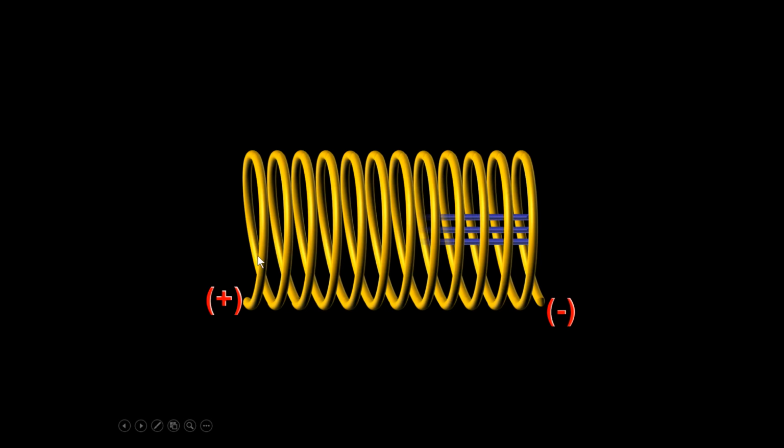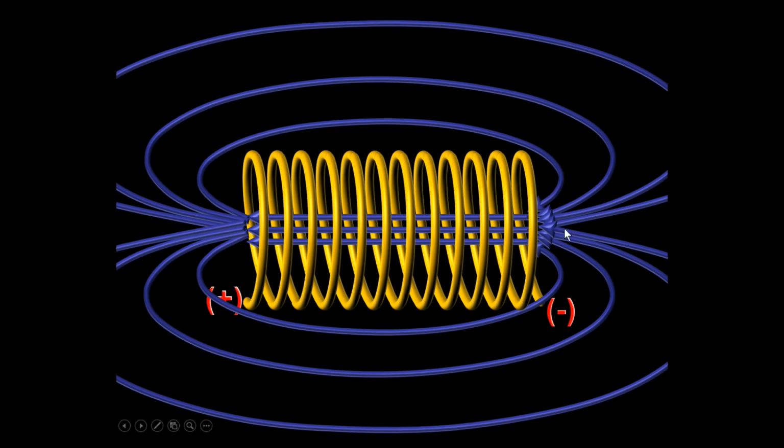And the magnetic field around each part of these wires is going to combine to create this overall magnetic field. And then the convention is that magnetic field runs from north to south on the outside of this coil.